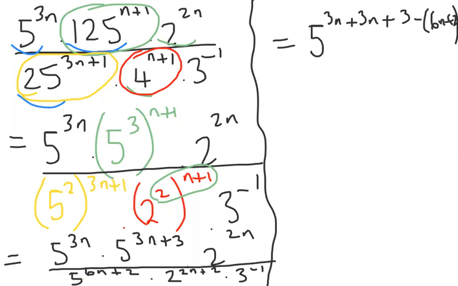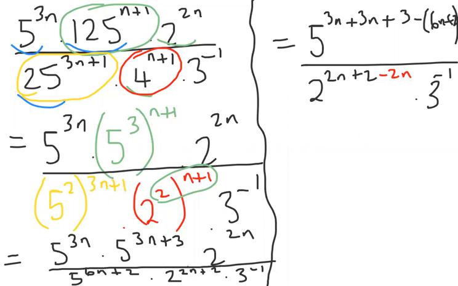Then at the bottom, I'm going to have the 2. So there we already have 2n plus 2. This is this bottom over here. And this 2n, I'm just going to bring to the bottom, and it's going to be minus 2n. And don't forget, we have this times 3 to the minus 1 as well.